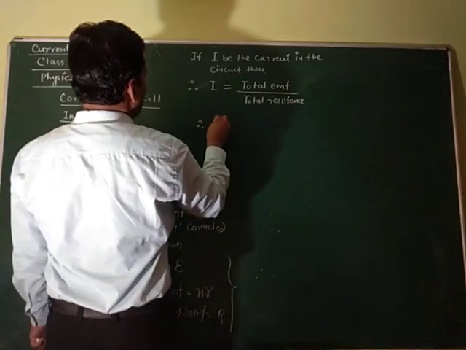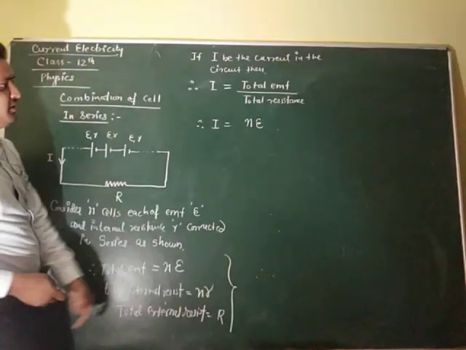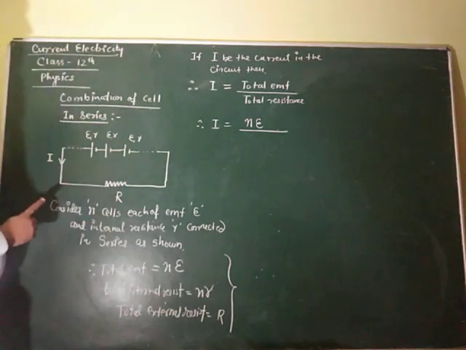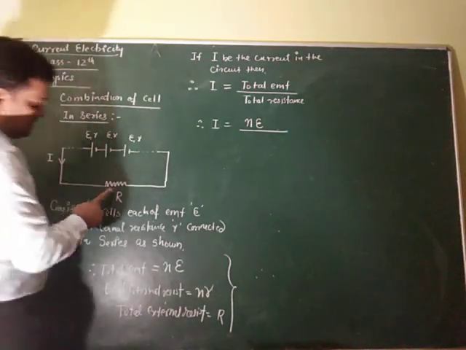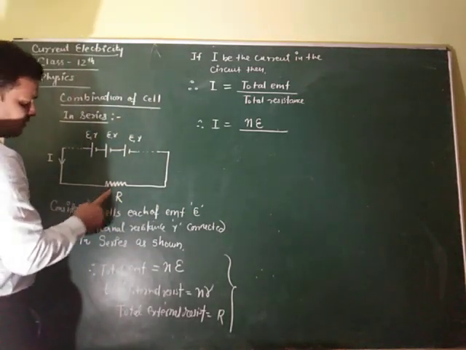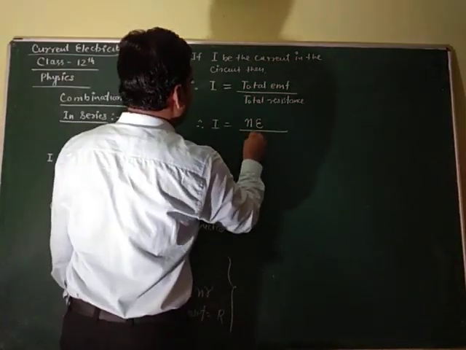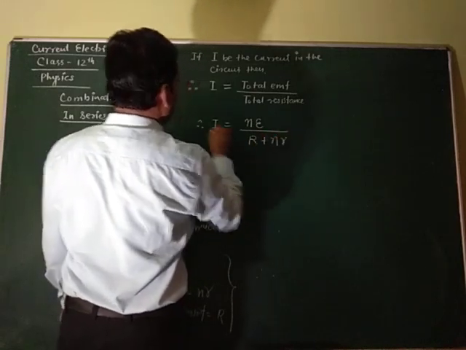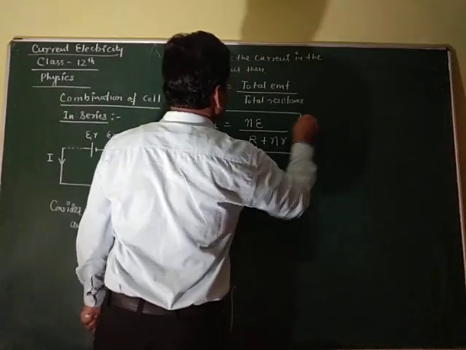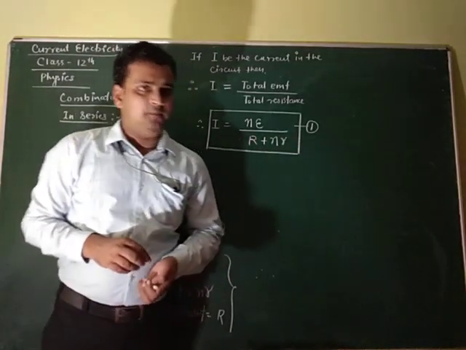Therefore I is equal to n times E, as the total EMF is nE. And what is the total resistance? As you know, the total internal resistance is always connected in series with the external circuit, and in the external circuit only one resistance is given. So the total resistance will be R plus n into r. This is the main working formula. You can note it as equation number 1.